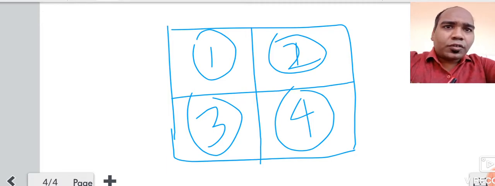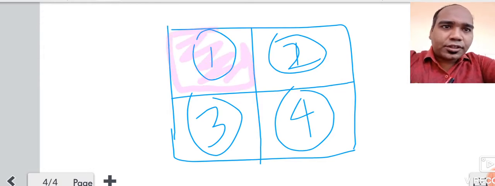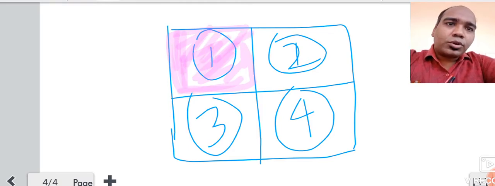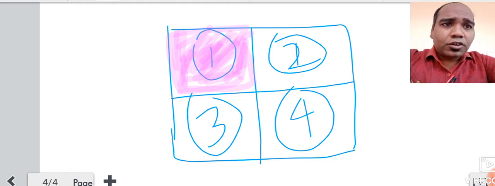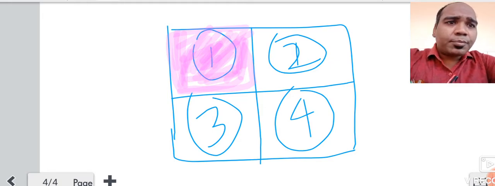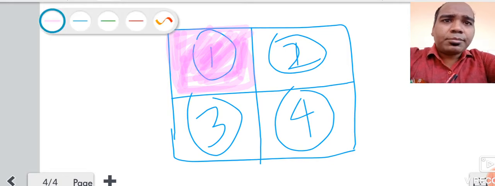Okay. Out of these 4 parts, I am going to shade this one part. Total how many parts are there? Total 4 parts are there. Out of these 4 parts, one part I have shaded.